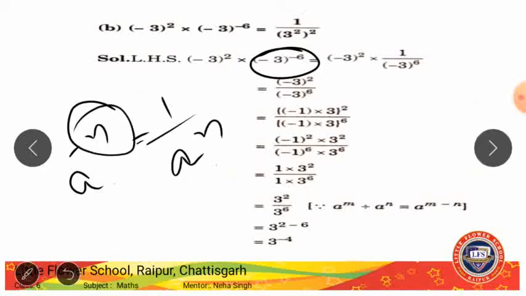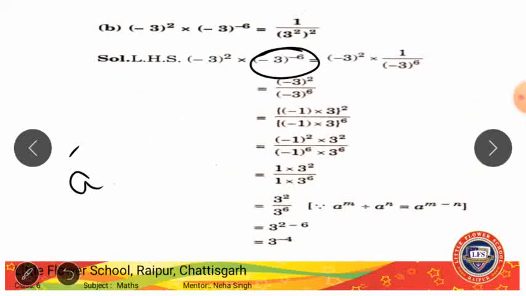Whenever negative power is there, it will be the reciprocal, and after reciprocal the power will get positive. Okay, so here it will be 1 upon minus 3 power 6. So minus 3 power 2 and minus 3 power 6, minus 1 again here will be separated. So here powers will be subtracted because it is in division. So 2 minus 6, that is minus 4. So LHS is minus 4.